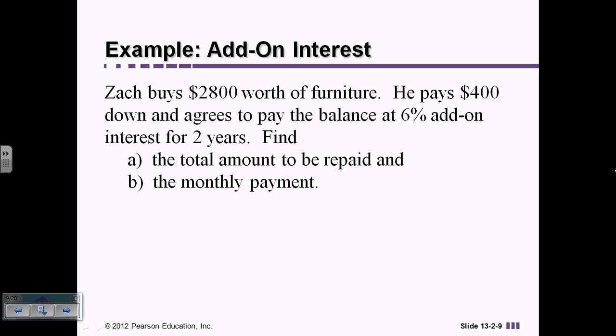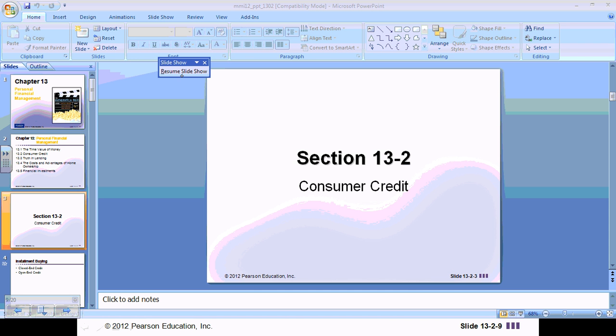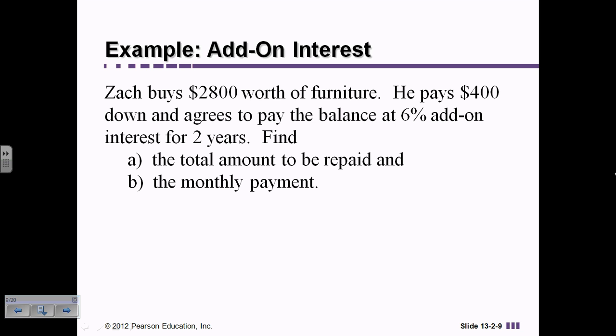To figure out A, we can go back to the formula for A, where A, the future amount, is equal to the principal times (1 plus R times T).